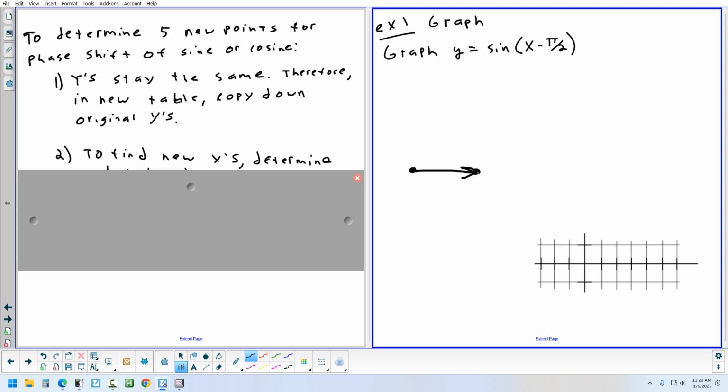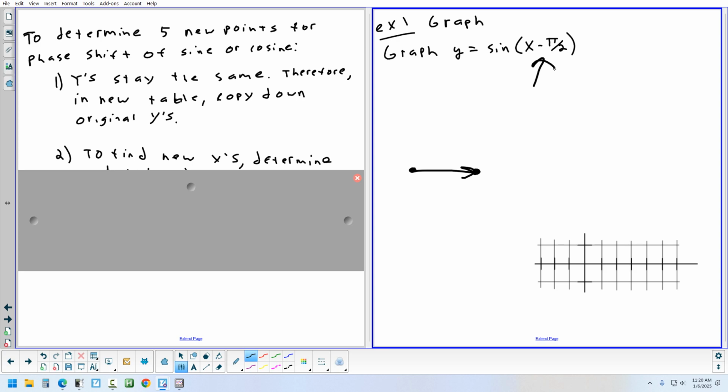If you subtract something from an X value, the X value is going to get smaller. So if you want to move it to the right, you need to add, you need to increase it. So this is supposed to move to the right, which means the X value needs to increase, which really means you need to add pi over 2.